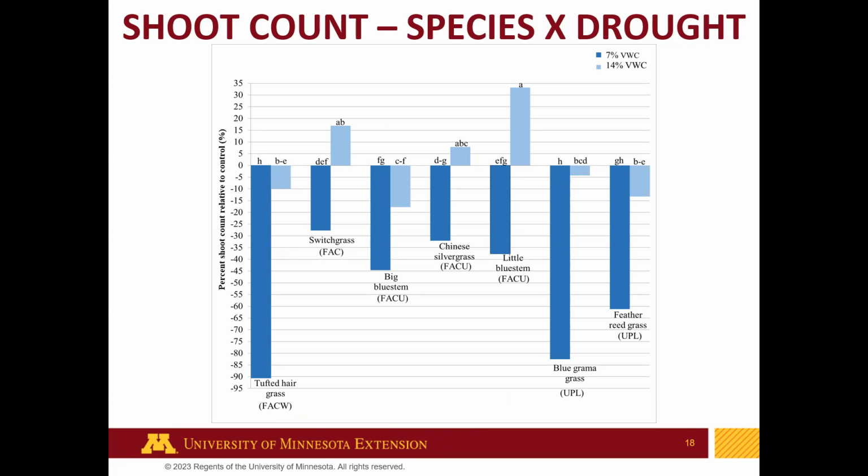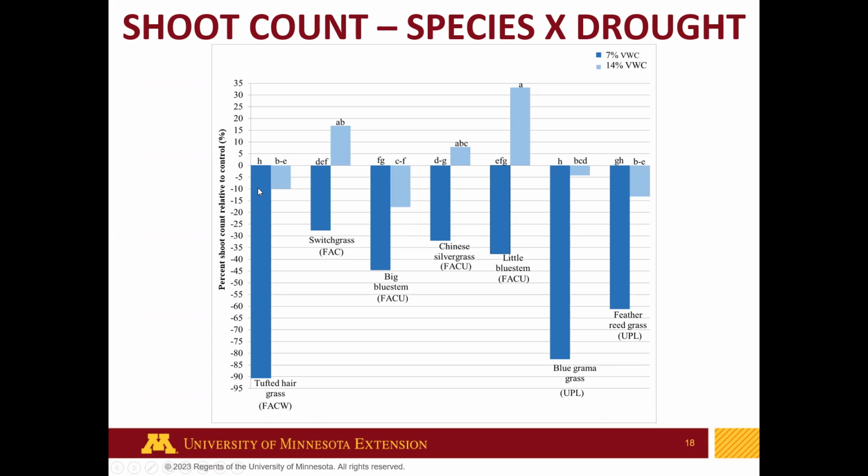Before I jump into the data, I just want to explain this graph a little bit. For this one, you're looking at shoot count, and it's a species by drought interaction. So underneath each of the species, you'll see that the wetland indicator category is listed, and our 7% volumetric water content is a darker blue bar, and our 14% volumetric water content treatment is that lighter bar.